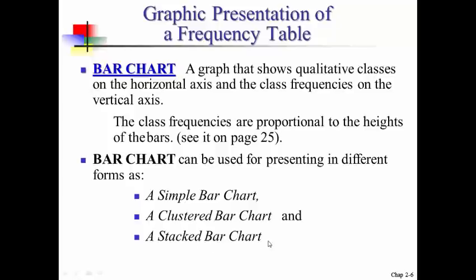So you have 3 types of bar chart to make a graphic presentation using qualitative data or data from a frequency table. The first is the simple bar chart, second, the clustered bar chart, and third, the stacked bar chart.